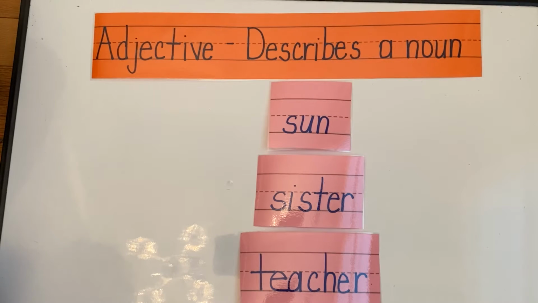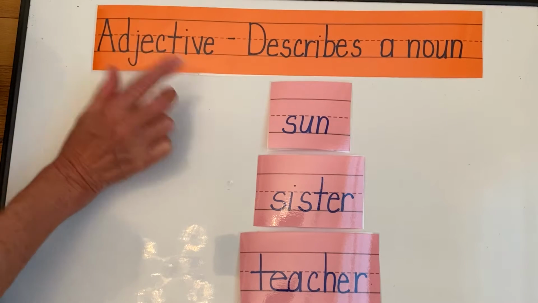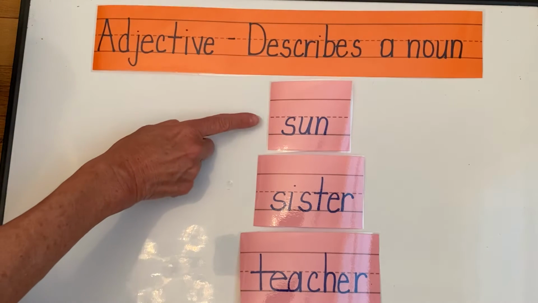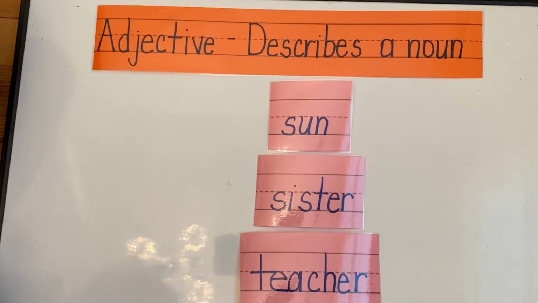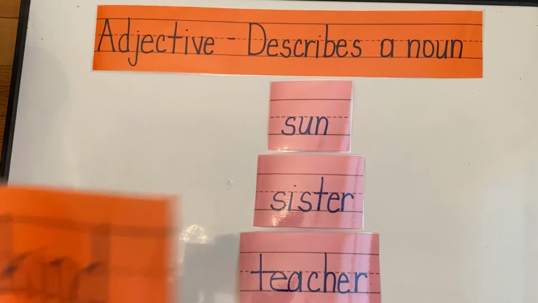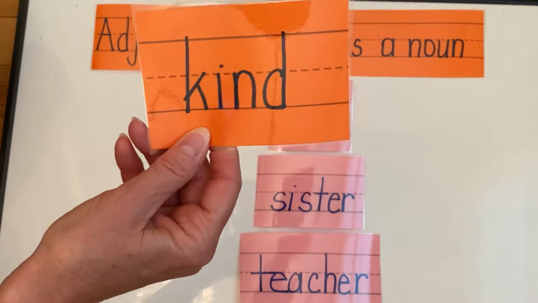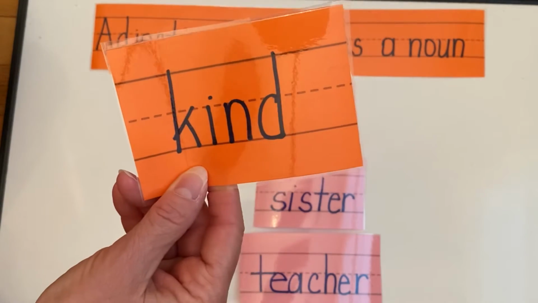Now, if we wanted to put an adjective before the noun, the adjective is going to tell more about the noun. So I'm going to show you this adjective, and the word is kind.